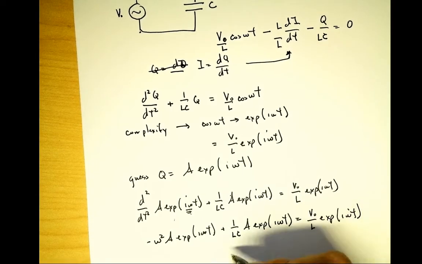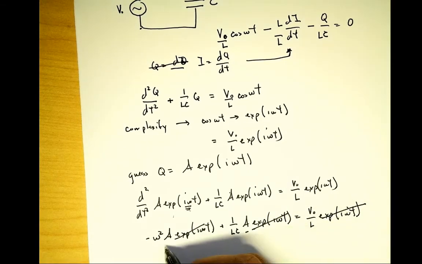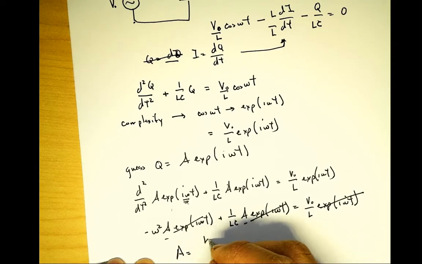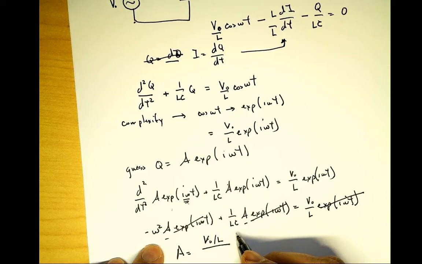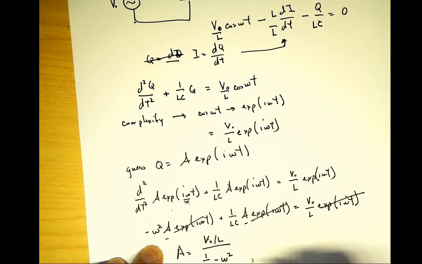Miracles happen: this all cancels, and now I can solve for A. A is going to be equal to V0 over L divided by 1 over LC minus omega squared.